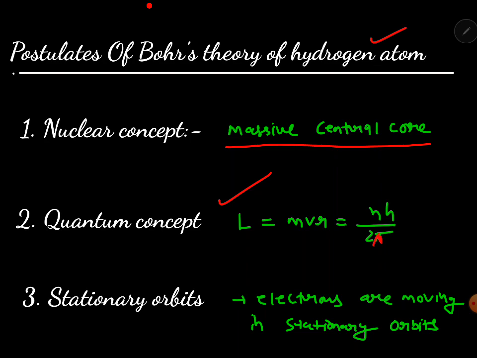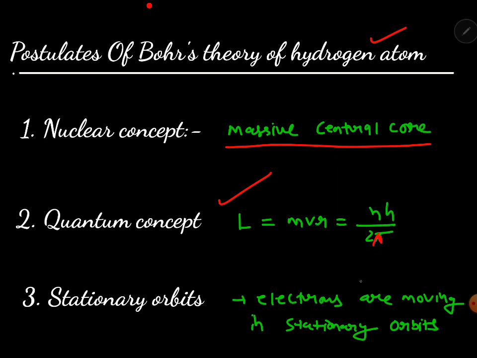So the two bases of Bohr's theory were Rutherford's atomic model and Planck's quantum theory, and the concept of stationary orbits.